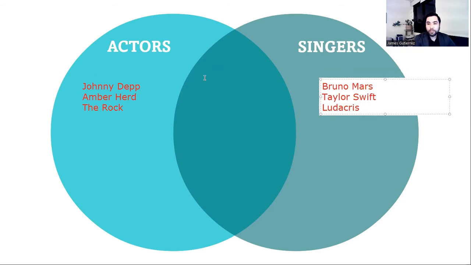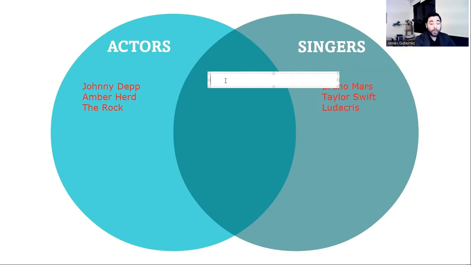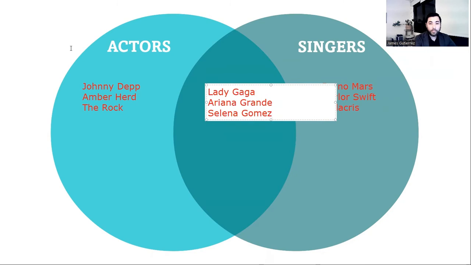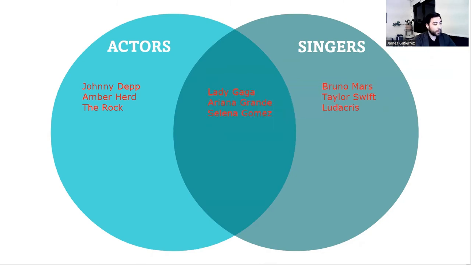Now let's combine the two. Here in the middle, we could put Lady Gaga, Ariana Grande, let's say Selena Gomez. Now, if we were to use the operator "and" actors and singers, which one of the different groups do you think would come up?